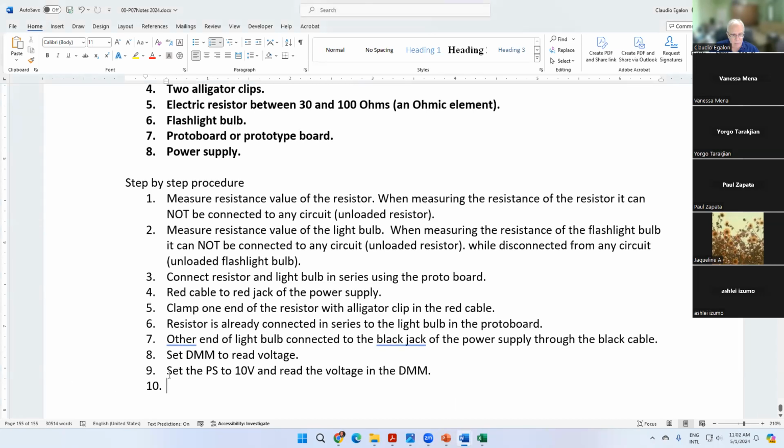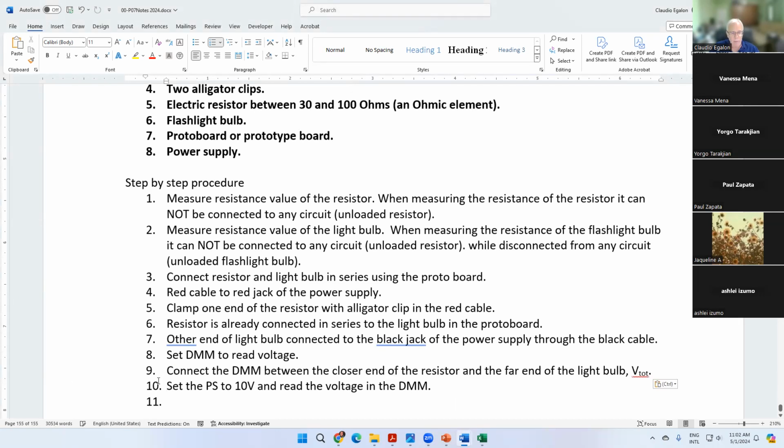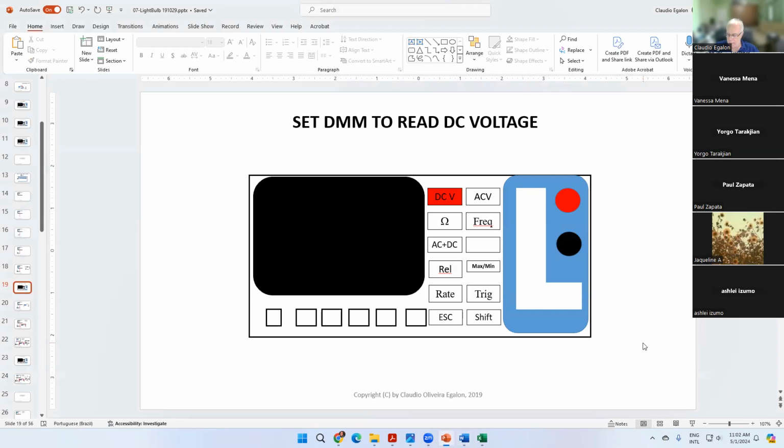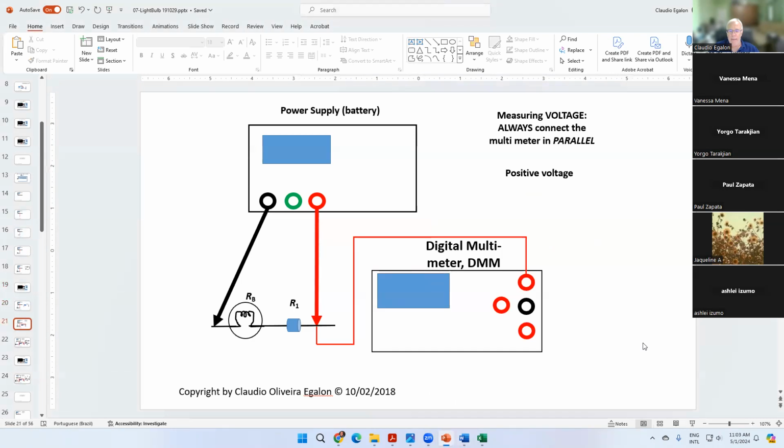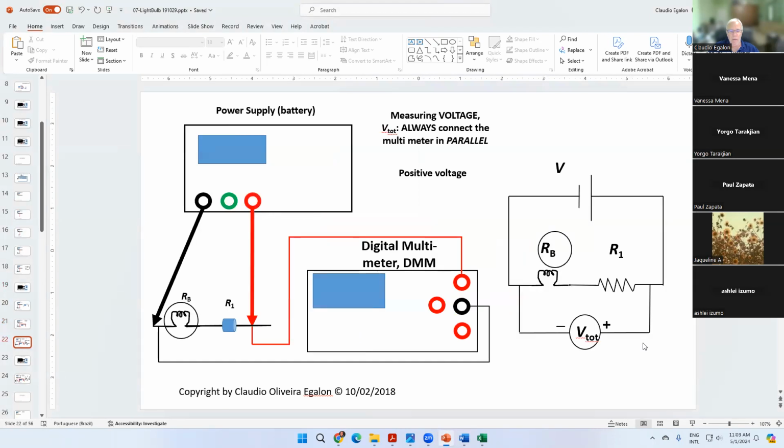I have to put another one here. Here you go. Connect the DMM between the ends, right? Set the power, and it looks like that. Here you go, the digital multimeter. One end is closer to the positive end of the power supply, the other end is in indirect connection with the negative end of the power supply.